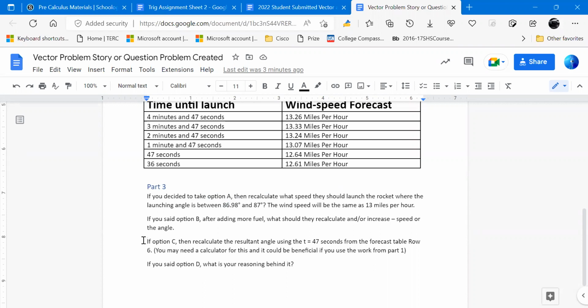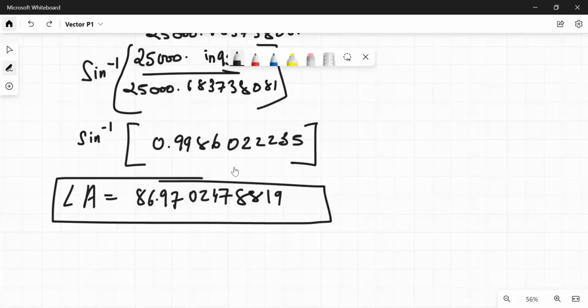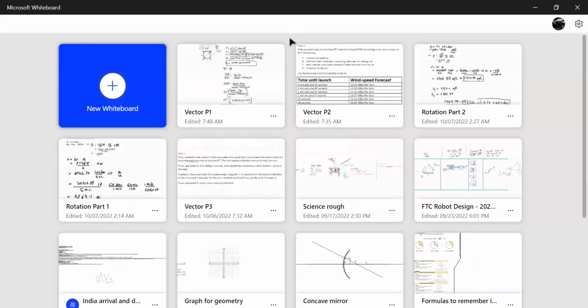If you chose option C, then you are going to recalculate the resultant angle using t equal to 47 seconds, which is going to be 12.64 miles per hour rather than 13. Let's do that first, because I think that's the best option, or cost efficient, I'll say.